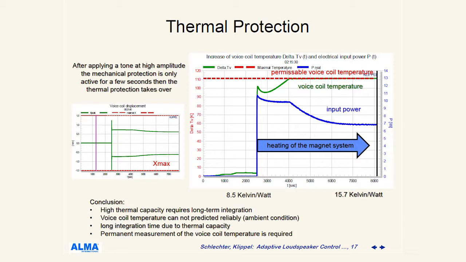But then you start heating your magnet system, the environment a bit, the air, the pole plates. And that has a much longer time constant, can be an hour for a large woofer. And you see then the voice coil temperature rises more and more, and we have to reduce the input power more and more to keep the voice coil temperature beyond the limit, which is acceptable.